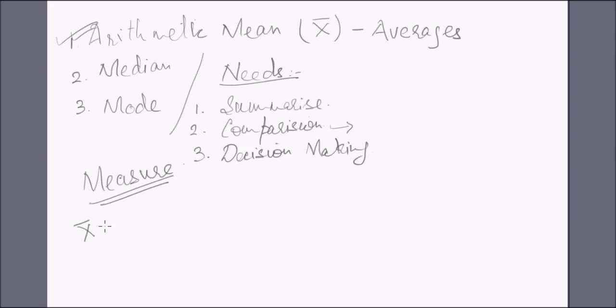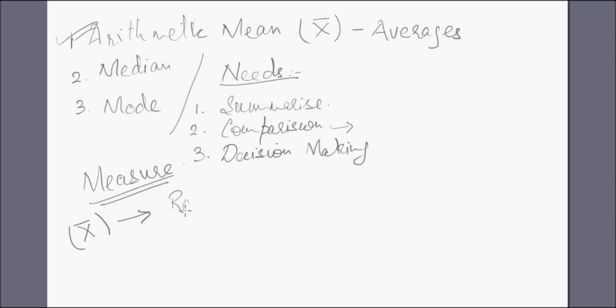The symbol for arithmetic mean is an X with a bar at the top. Now we have already seen that the data could be presented in different forms.